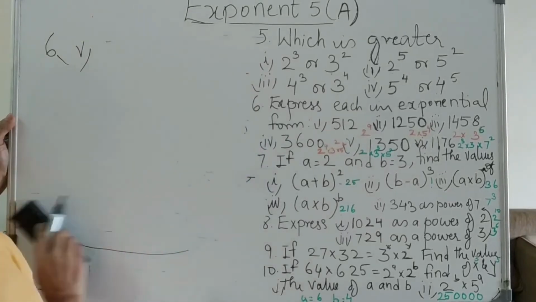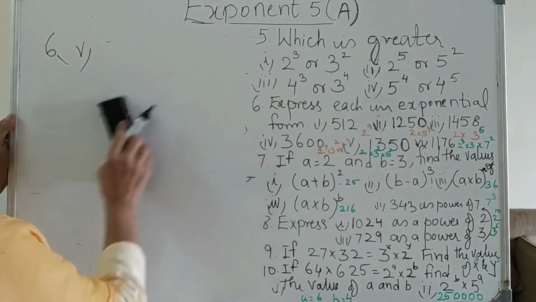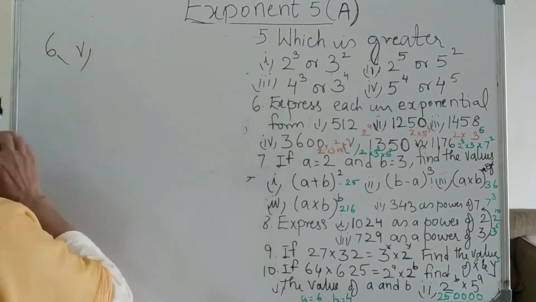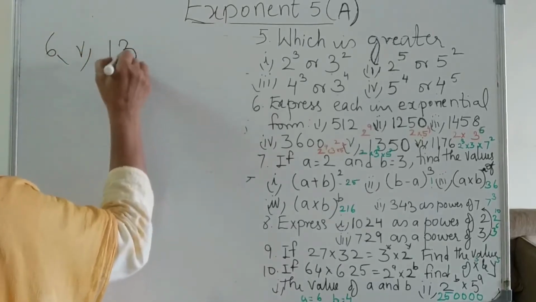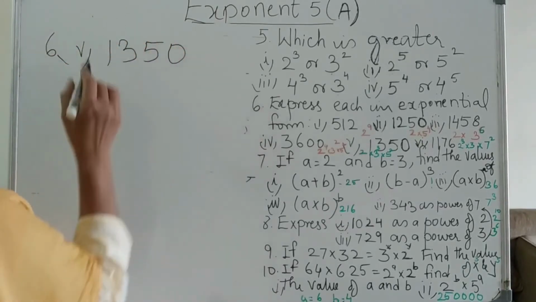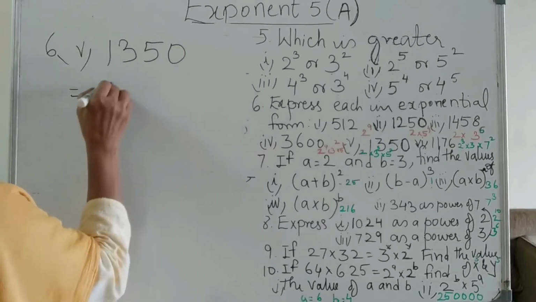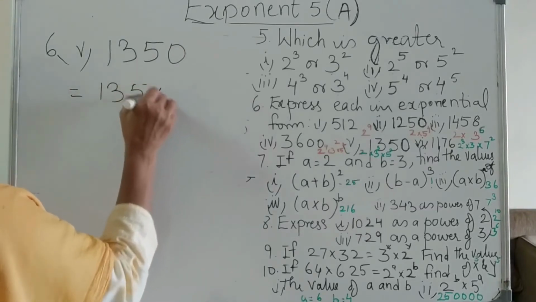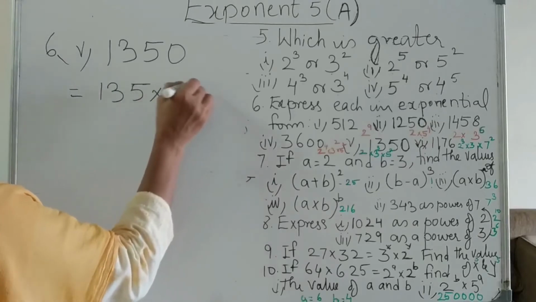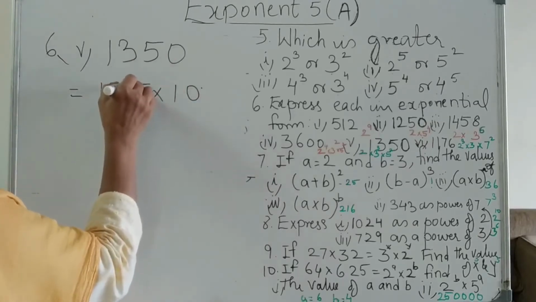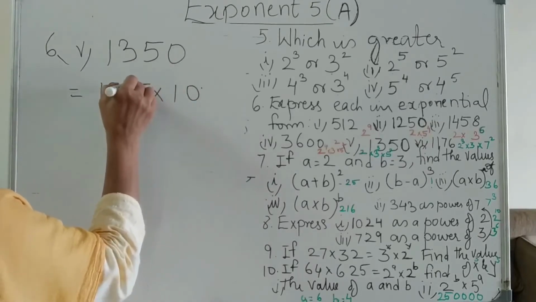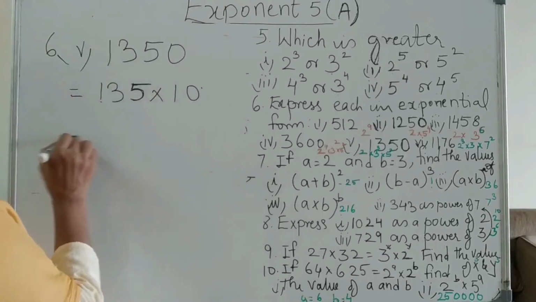6/5 sum. So what is the question here? 1350. So again you can write it as 135 into 10. Now this 135, since it has got 5 at the end, it can be divided by 5.